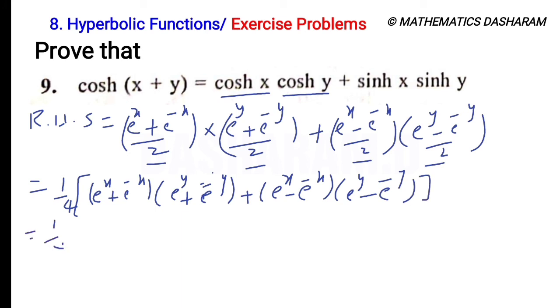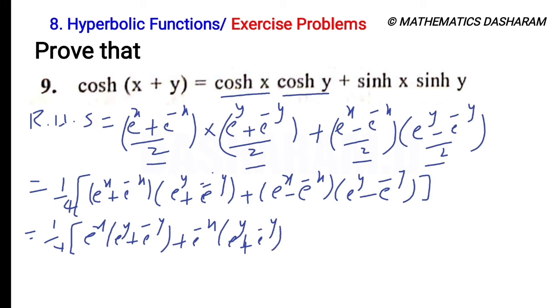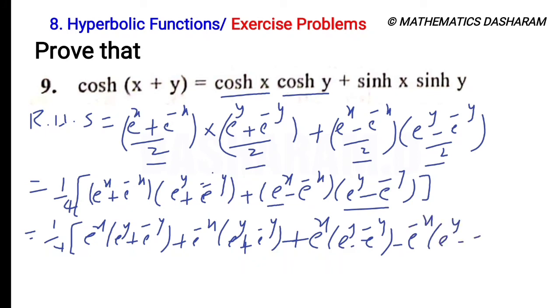So it is equal to 1 by 4 into e to the power of x into e to the power of y plus e to the power of minus y, plus e to the power of minus x into e to the power of y plus e to the power of minus y, plus here e to the power of x into second term e to the power of x into e to the power of y minus e to the power of minus y, e to the power of minus x into e to the power of y minus e to the power of minus y.